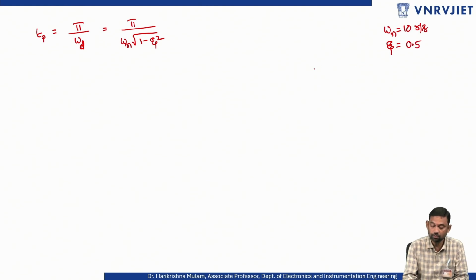Therefore, omega d is equal to 10 into square root of 1 minus 0.25.